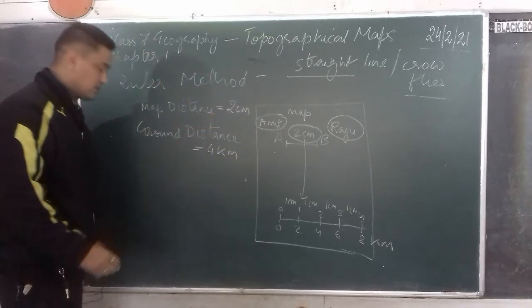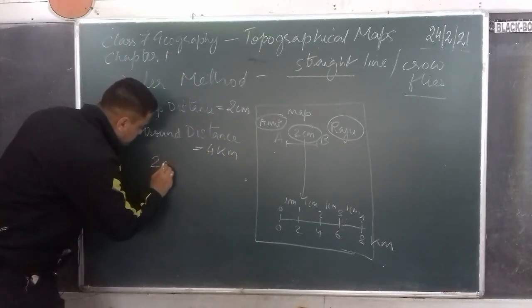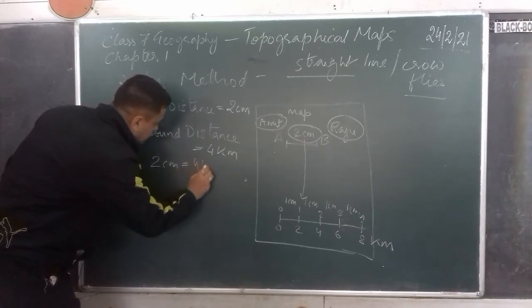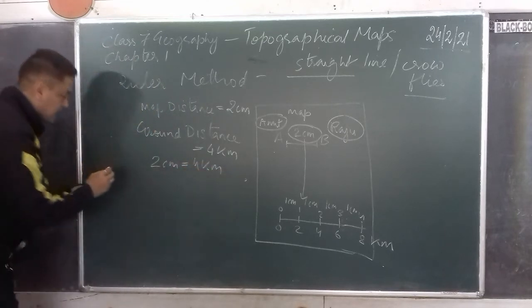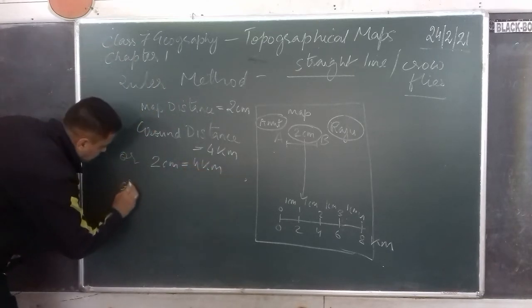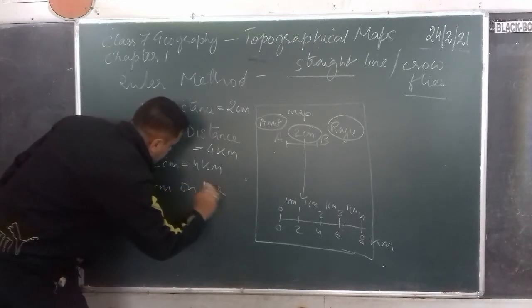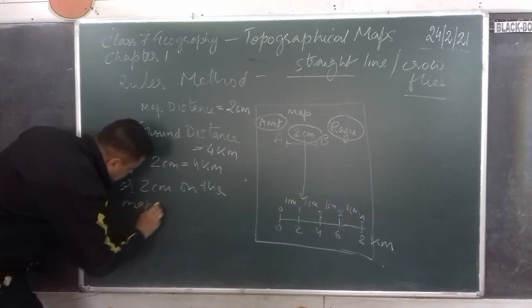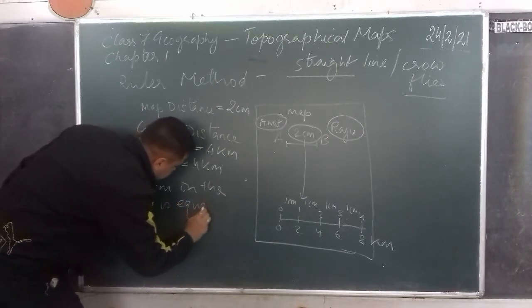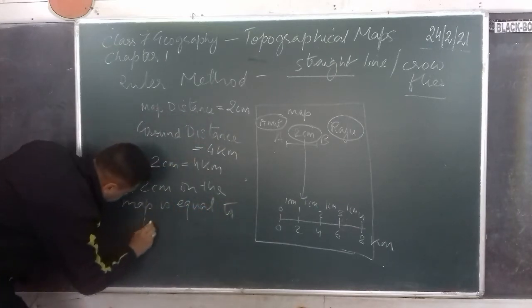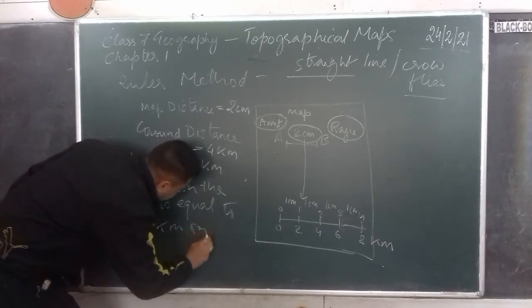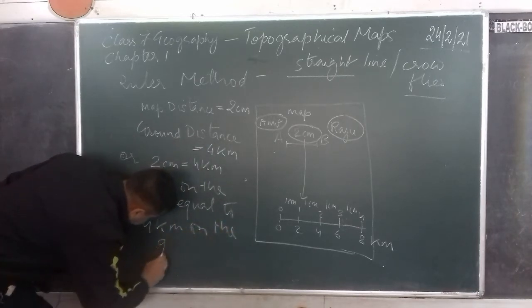You can write it in a statement also: 2 centimeters on the map is equal to 4 kilometers on the ground.